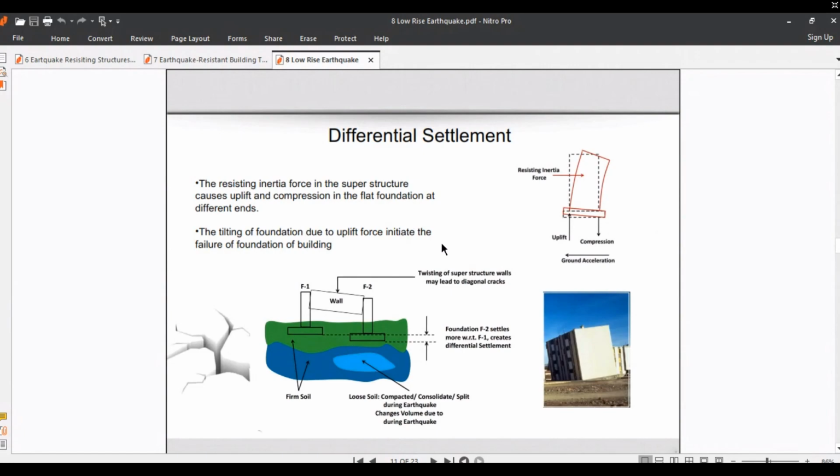If we have different settlement in the base of the buildings, it gives sliding or overturning in the buildings after the different settlements occur in the foundations, as shown in these schematic shapes and pictures in these slides.